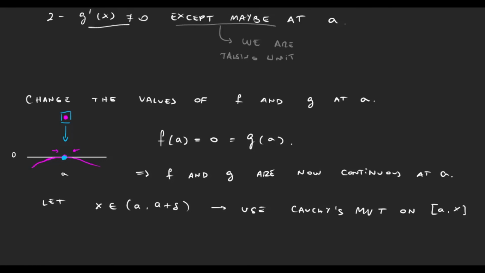We should also do the same for x in a minus delta, a, using Cauchy's mean value theorem on the interval x, a, but it would be the exact same thing, so I'm going to stay with this first case.